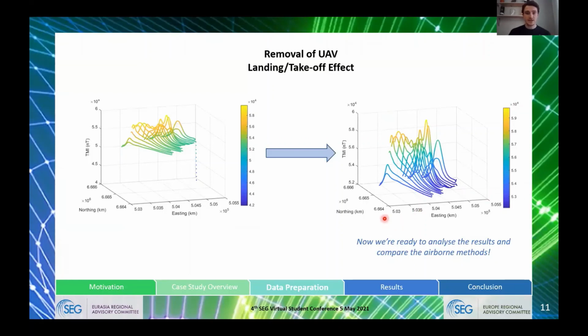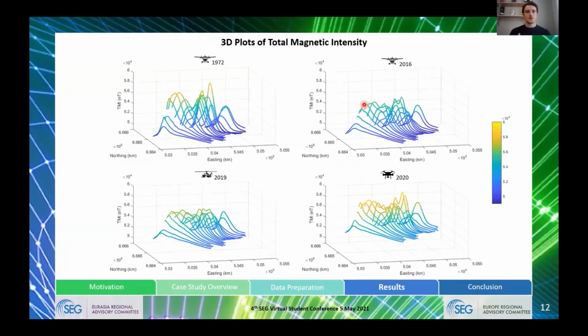Just to clarify exactly what we're seeing here, we have easting and northing plotted on the X and Y axes, meaning that in this example, north is in this direction into the screen. We also have total magnetic intensity plotted on the Z axis, ranging here from 52,000 to 60,000 nanotesla. If we take a look at the results, we see a general agreement between all of the plots.